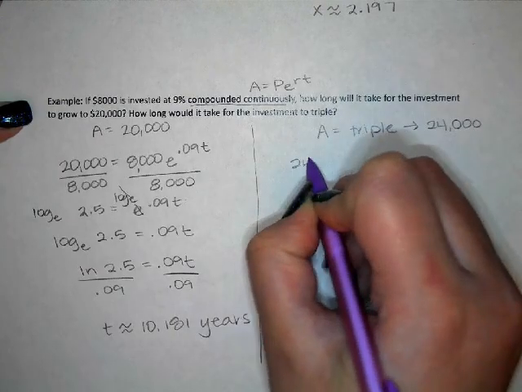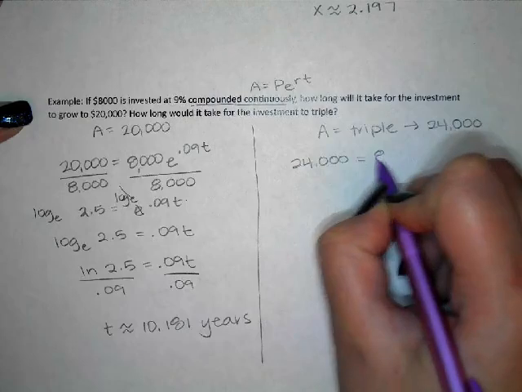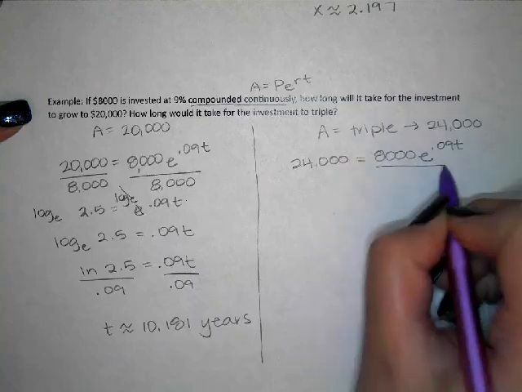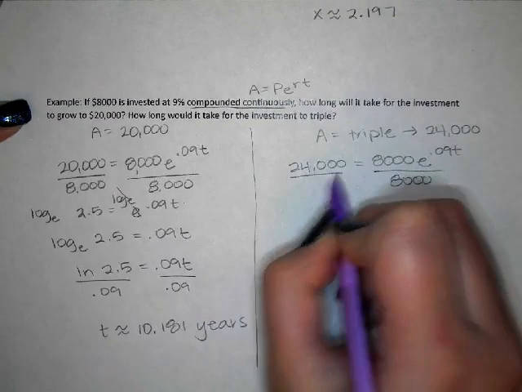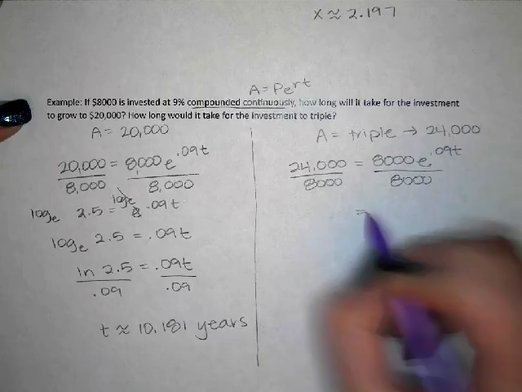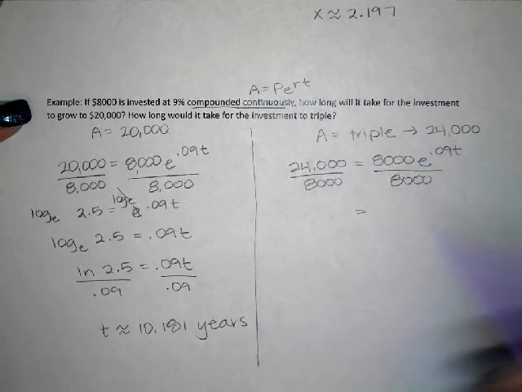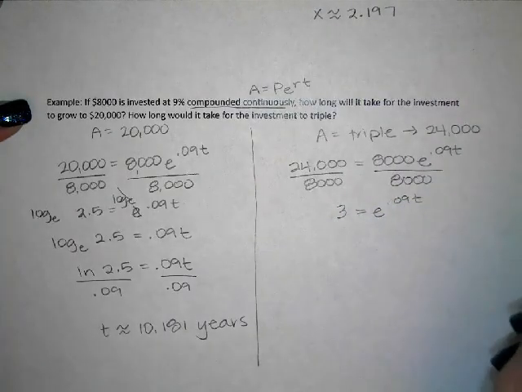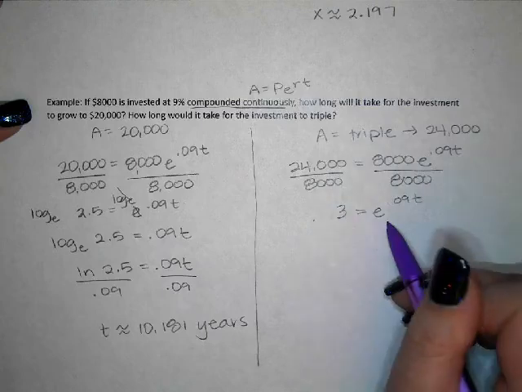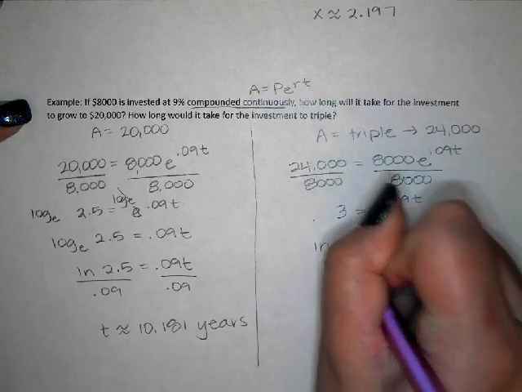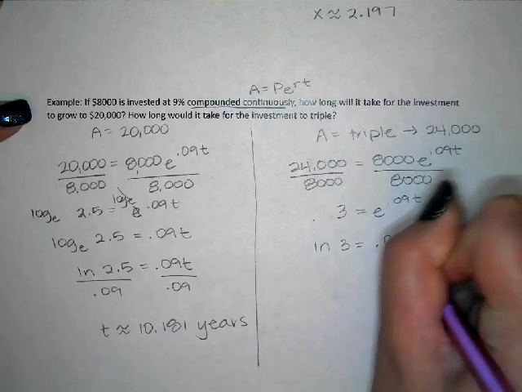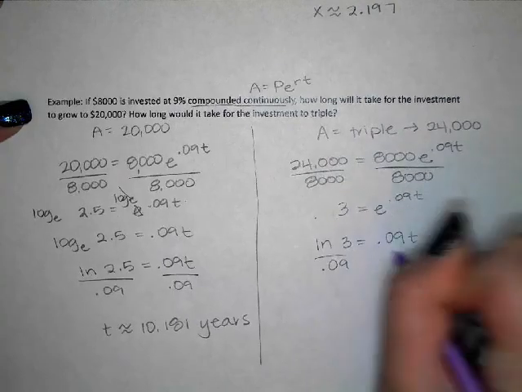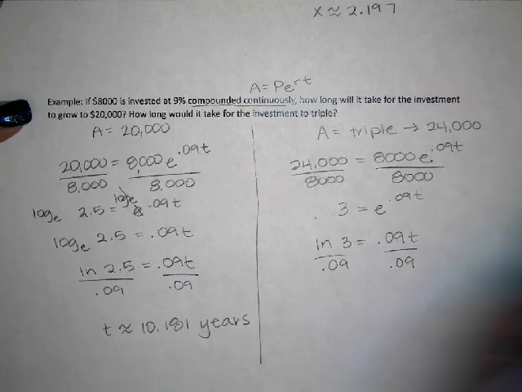And we can just follow these same steps that we did before. 24,000 divided by 8,000 is 3 because it tripled. And then we can get rid of the e, so we're going to log base e on each side, or ln each side. And then get the t alone by dividing by 0.09. 12.207.